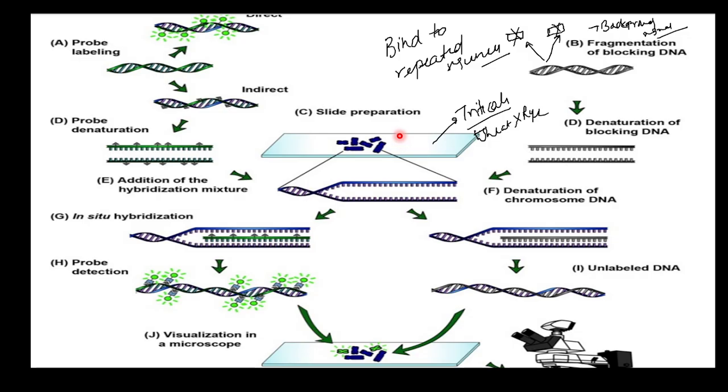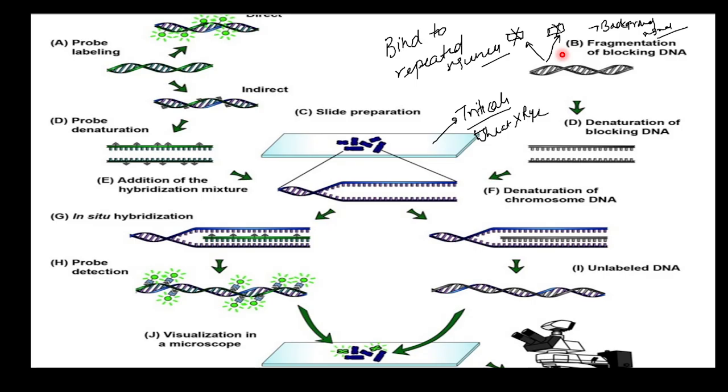This is your target chromosome, and the blocking DNA should be from the other species, so it is against the wheat only. You add it in high amount so that it will block the repeated sequences, so that they will not bind to each other and there will be less background signal.